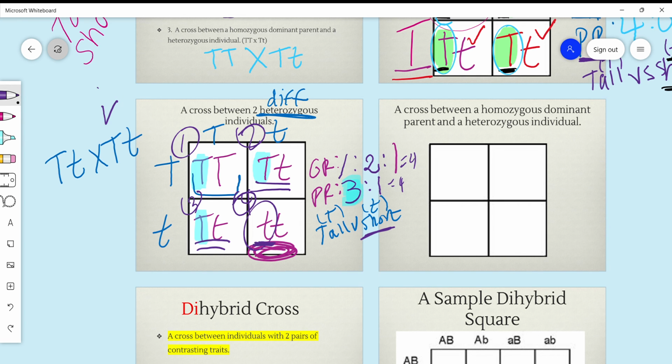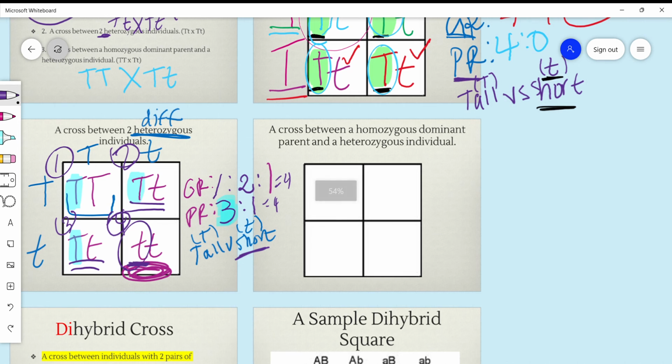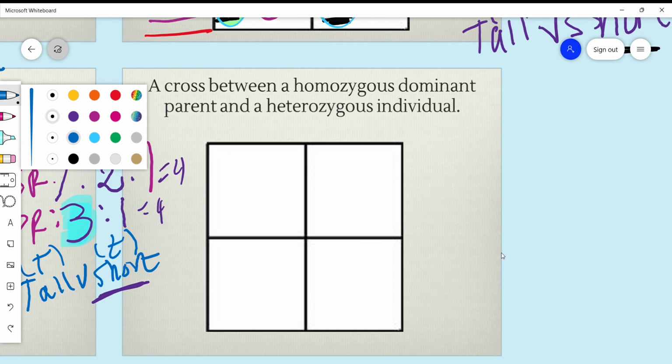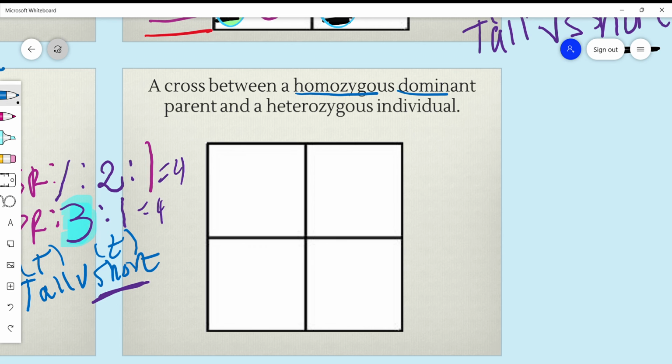Moving on to our next example right here. A cross between homozygous dominant, we already know homozygous is same, and dominant in this case would be uppercase T, and a heterozygous individual. We already know heterozygous is different.